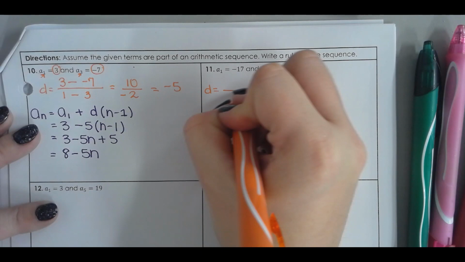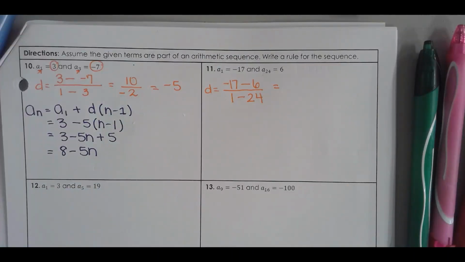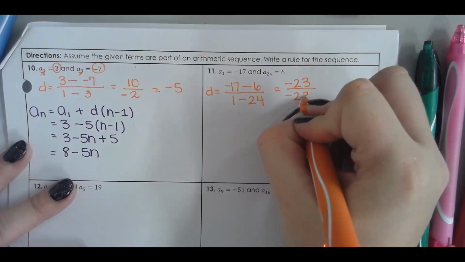Negative 17, 6, 1 minus 24 on bottom. Negative 17 minus 6, negative 23, which is 1.